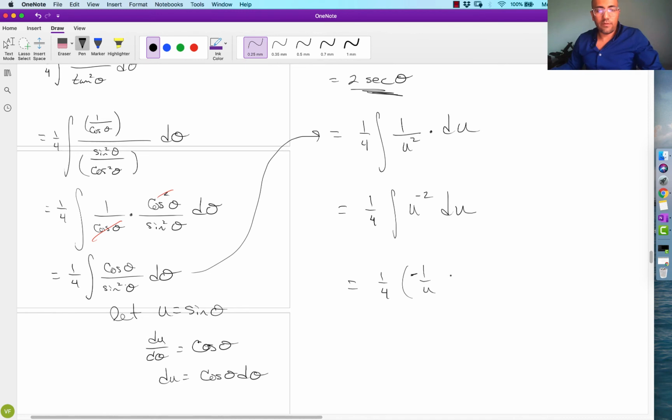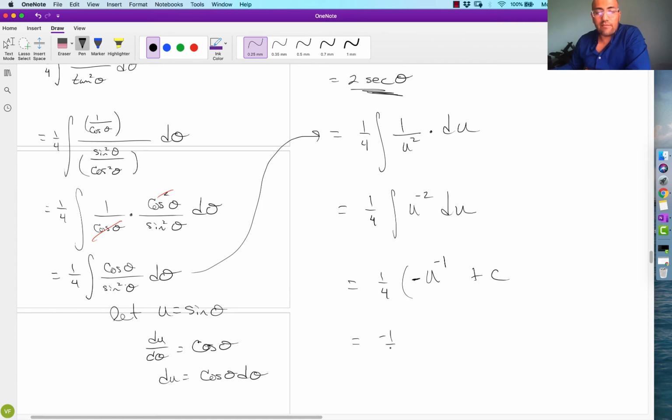So, you know what, let me stick to the same notation. This is going to be u to the negative 1. The derivative of this means you bring down that negative 1 and you subtract 1 from the exponent. That gives you that guy. So in order not to have that minus, we have to introduce an extra minus. Good. So this becomes this, plus a constant.